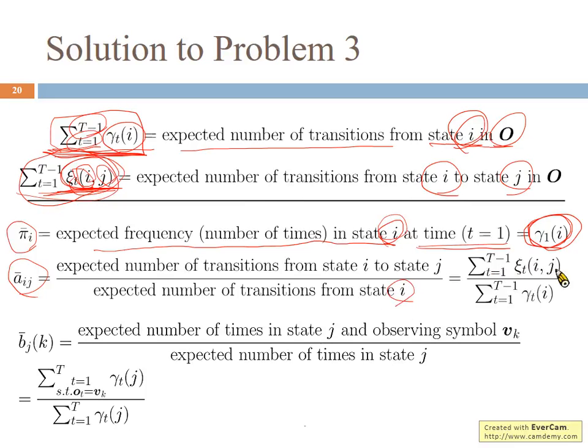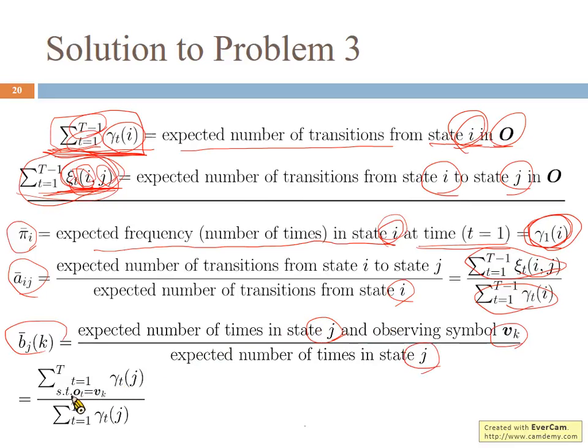So here is the summation over psi_t(i,j) divided by the summation over gamma_t(i). And b_j(k) is the expected number of times in state j observing symbol v_k divided by the expected number of times in state j.